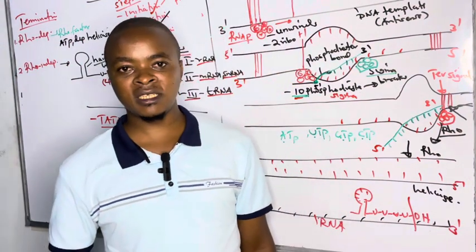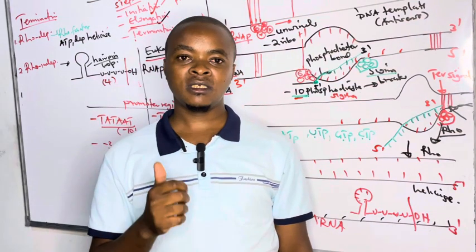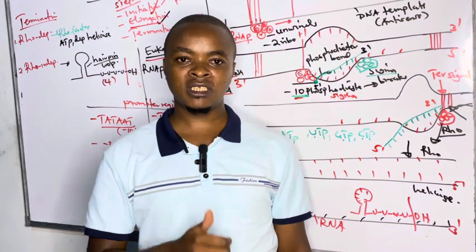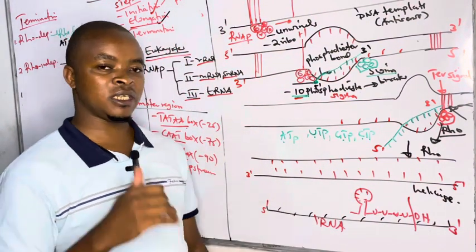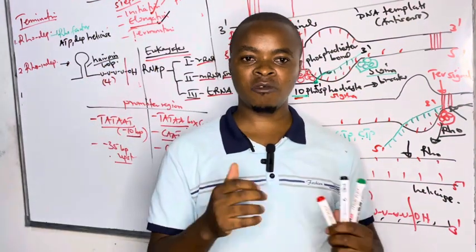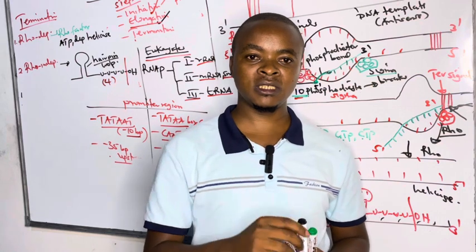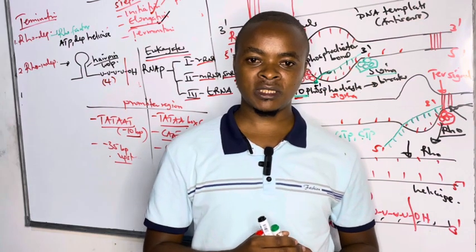And whereby we have said rho dependent is using ATP associated helicase, which displaces away the core, and in rho independent, we have seen the formation of a hairpin loop ending with 4 units of uracil.